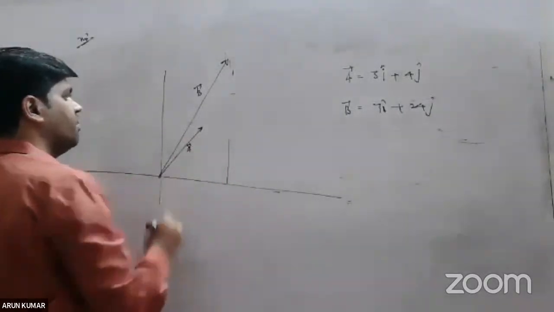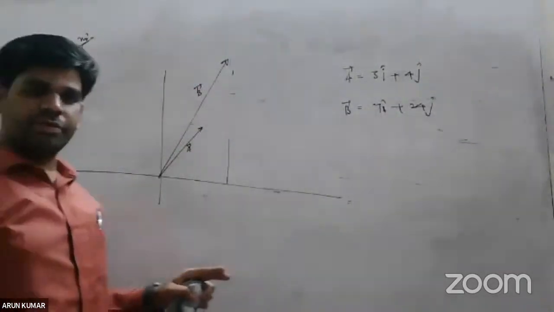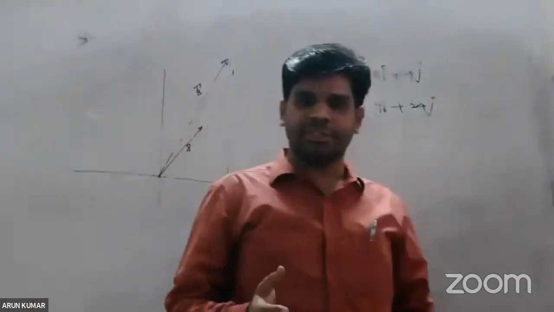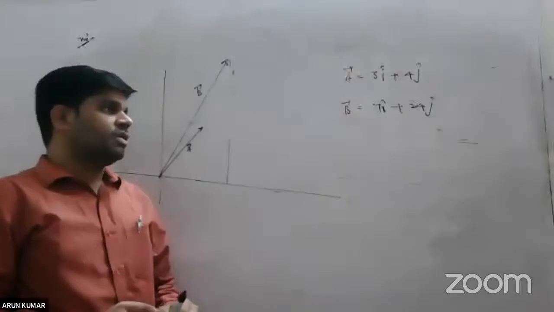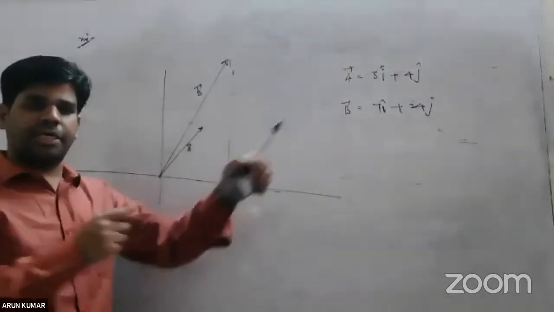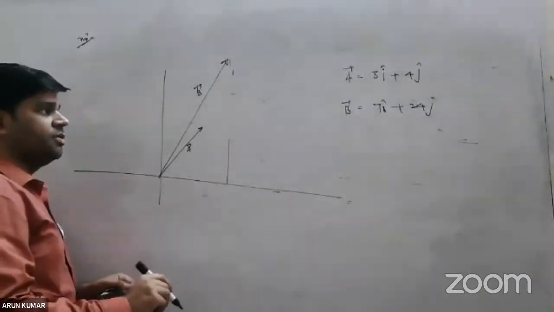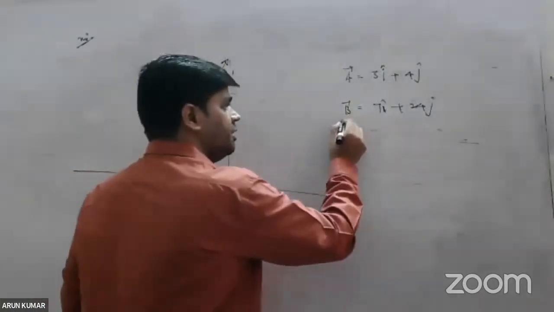This is A bar. Now I want a vector in the direction of A bar. Now direction is fixed. Direction కావాలంటే ఏం చేస్తాను? యూనిట్ వెక్టర్ తెచ్చుకుంటాను. So if I take the unit vector, I get the direction. If I want any vector in that direction, all I have to do is just scale it up. Stretch చేయాలి. Stretch అంటే constant తో multiply చేయాలి. He has also given a constant value. He said magnitude ఎంత ఉండాలి?